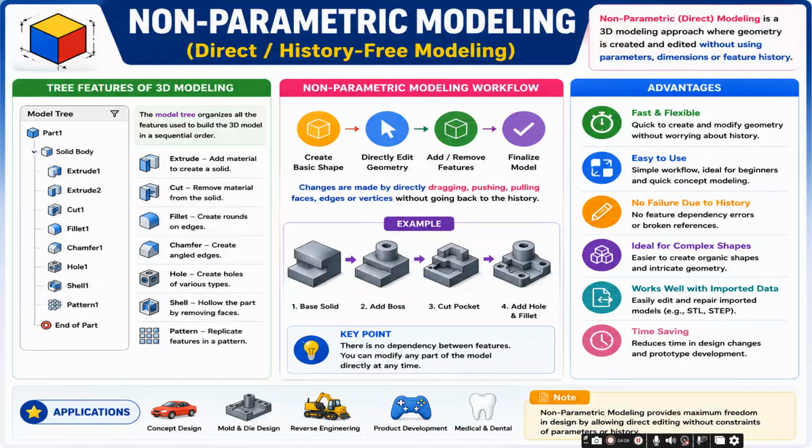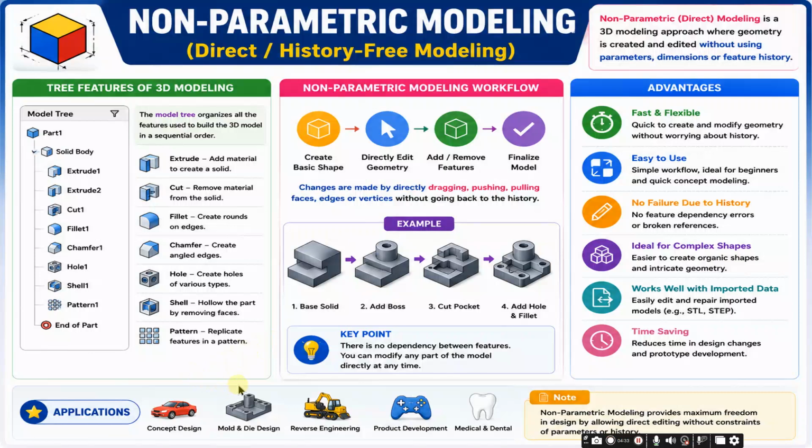No failure due to history, no feature dependency errors or broken references. Ideal for complex shapes, easier to create organic shapes. Works well with imported data, easily edit and repair imported models such as STL and STEP. Time saving, reducing time in design changes and prototype development.